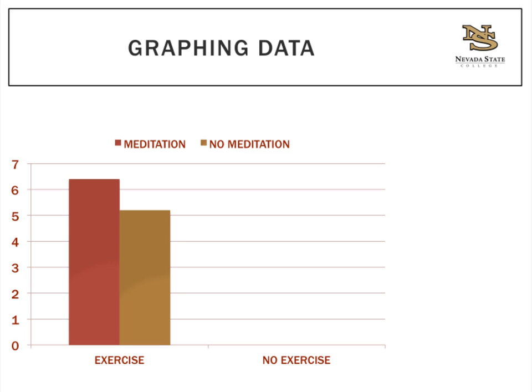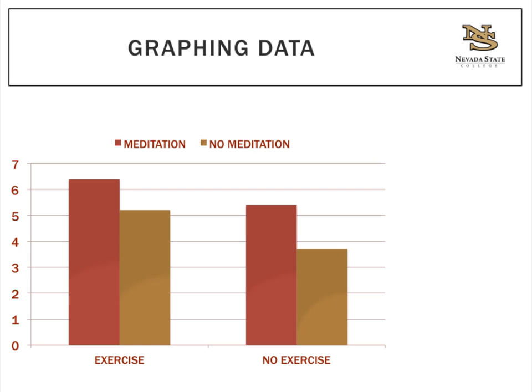So if we look at the group who exercises, we see that they're doing better in terms of sleep when they meditate. Okay, so meditation plus exercise works better than just exercise. Okay, now if we look at no exercise, we see a very similar process.